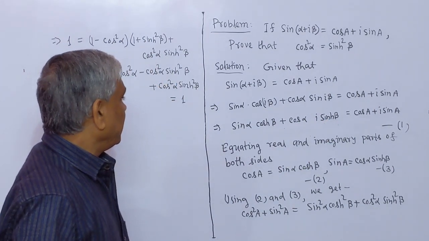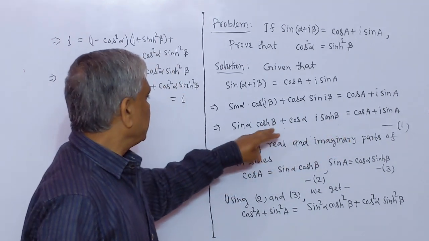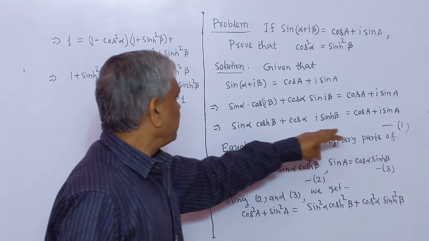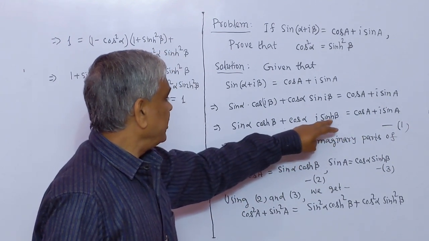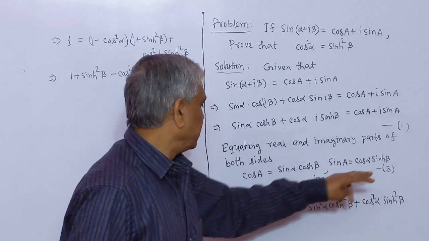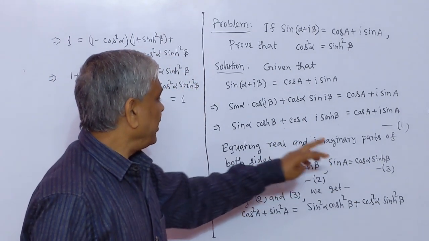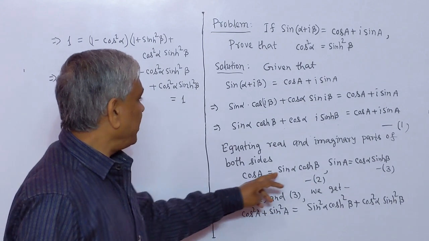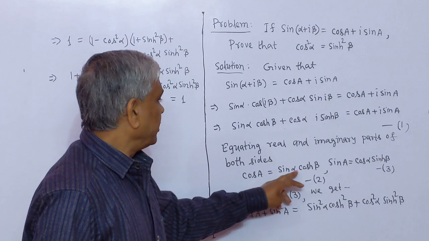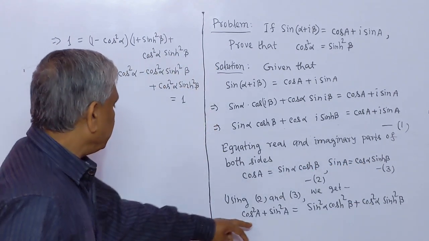Now equating real and imaginary parts of both sides, cos A equal to this and sin A equal to this, cos alpha sinh beta. This is number 2, this is number 3. Now squaring 2 and 3 and then adding, cos square A plus sin square A equal to this square plus this square, right side, and left side is 1.